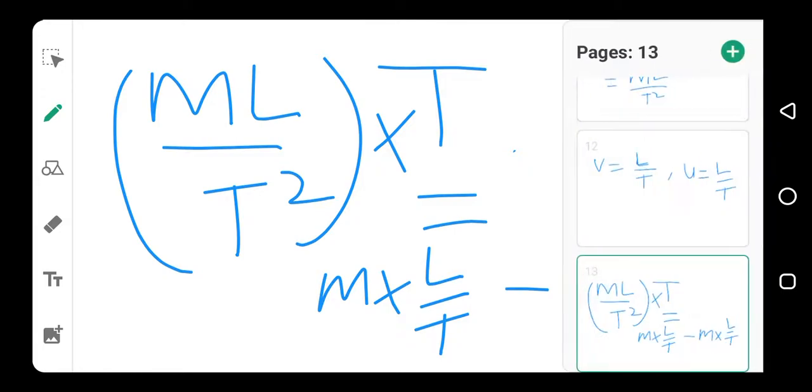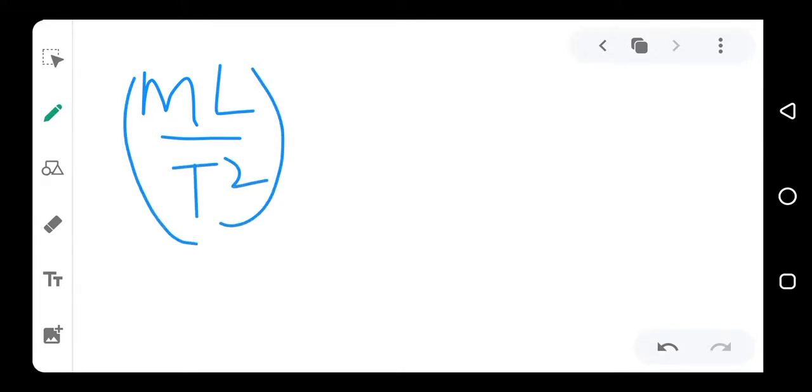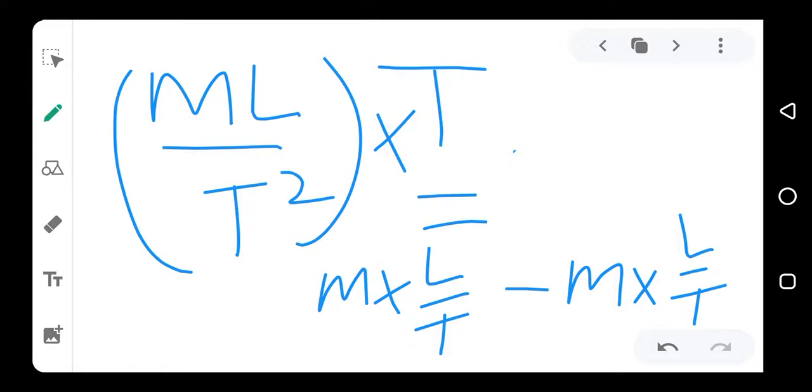So we have ML over t squared multiplied by t, which is equal to ML over t minus ML over t.